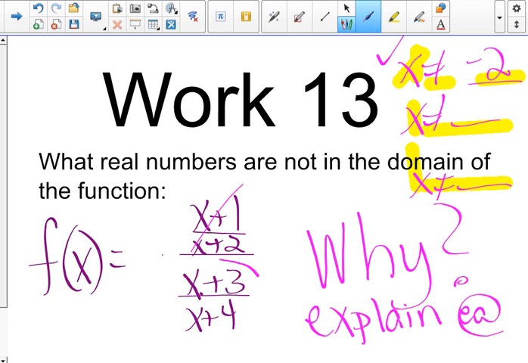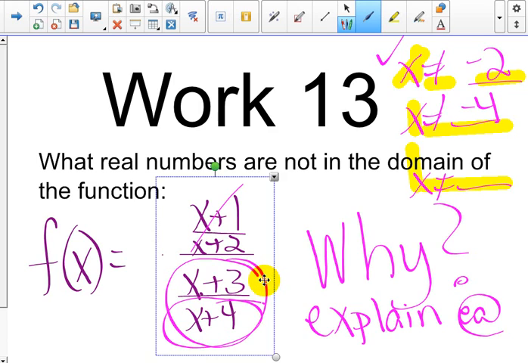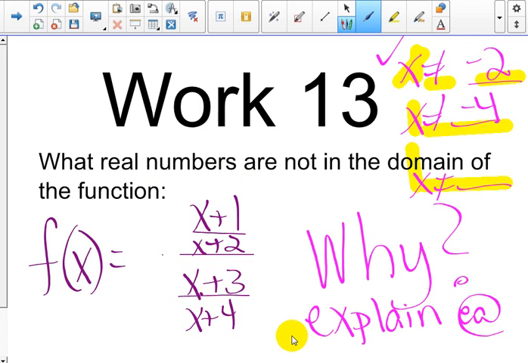Now let's look at the bottom one. What can x not equal in this part? Negative 4. Okay, but this whole fraction is still in our denominator. See that?